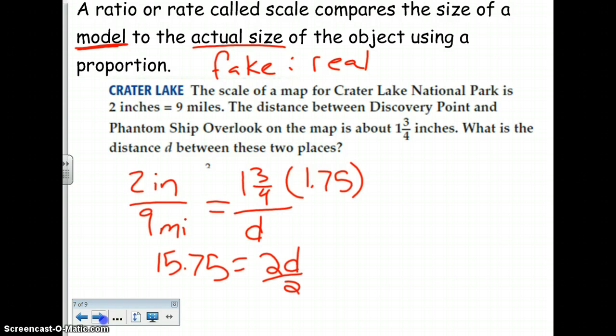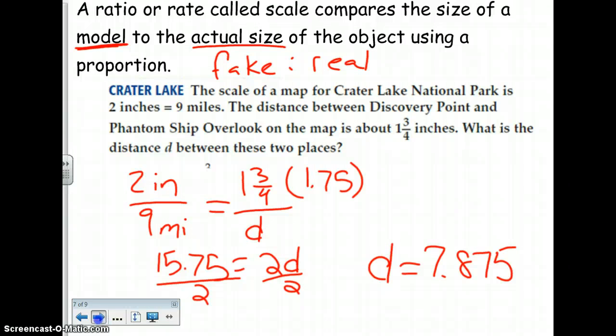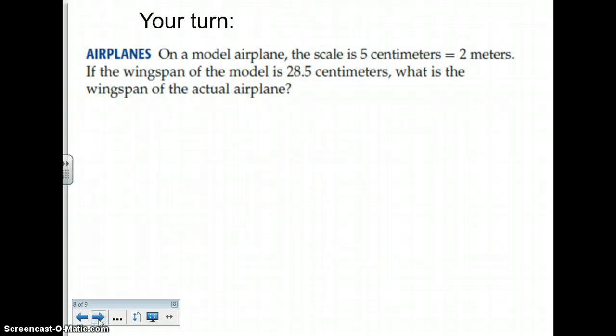Go ahead and divide by 2, and we end up with D equals 7.875. We could also convert that to a fraction if we wanted to and get 7 7/8. So go ahead and try this one on your own and hit pause, see how you do.